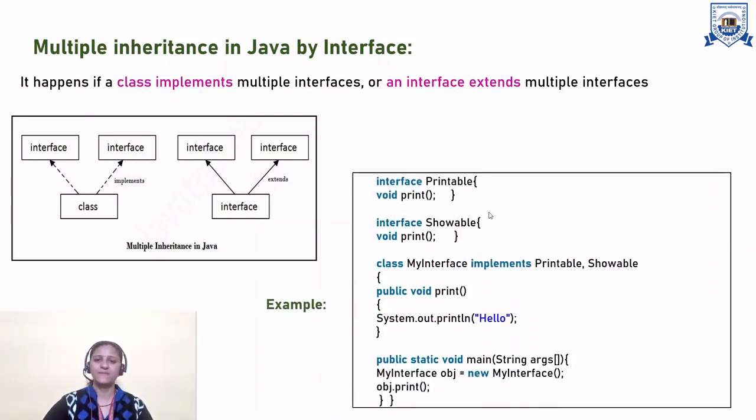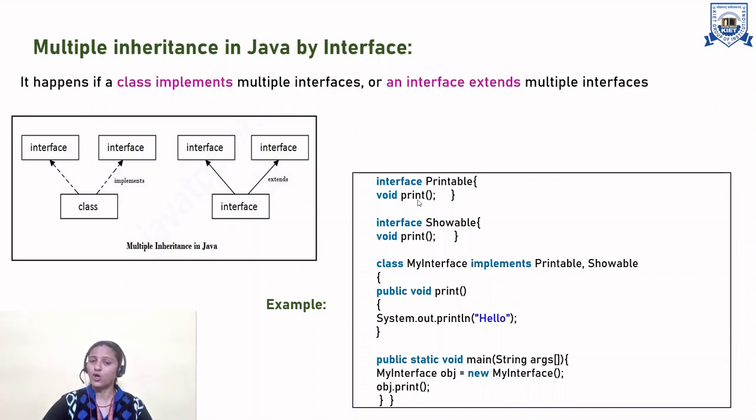Now, in this example, we have prepared a printable interface, which contains a method print without any body, without any definition. Another interface, showable, has again the same method print which is not defined.